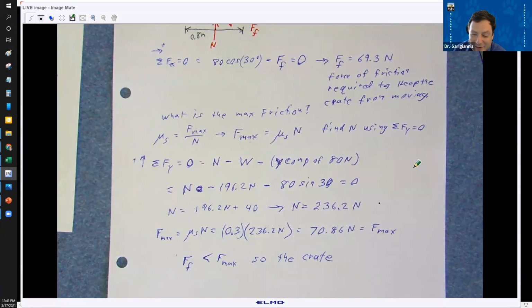I don't know if anyone's paying attention. No one's responding to the poll. There we go. We're getting responses. Will the crate slip in this case?